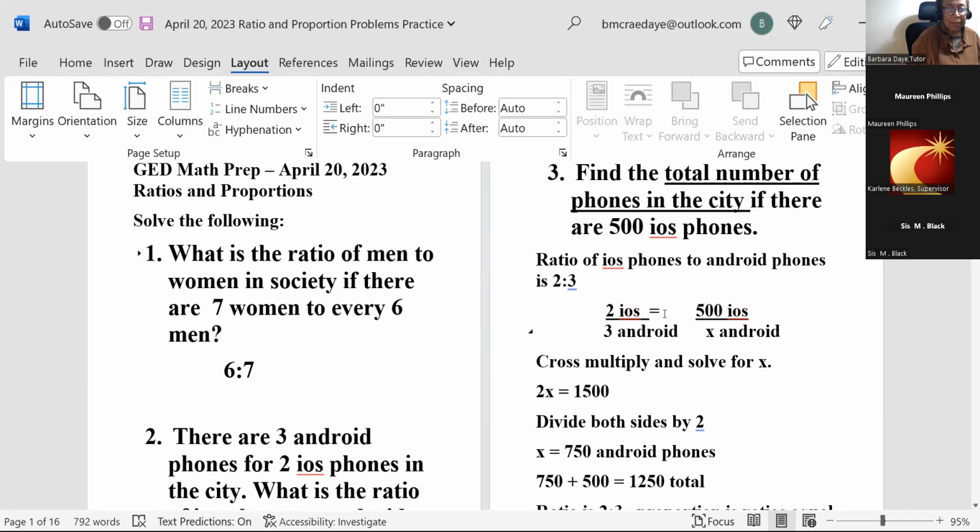Questions? Ask yourself, I've got to find how many Android phones I have. And you can find it because you've got a ratio 2/3, and you've got 500 iOS phones, so only one unknown, and that's the Android phones.